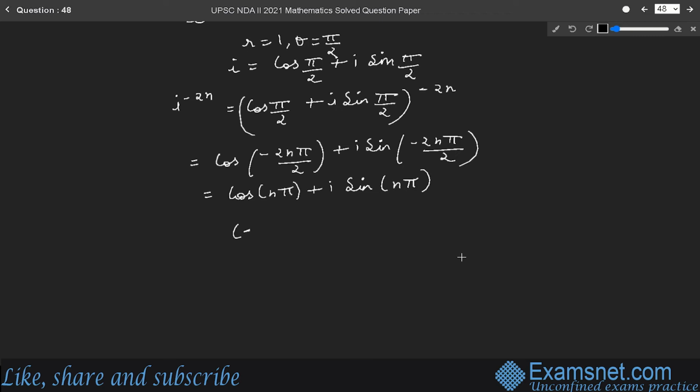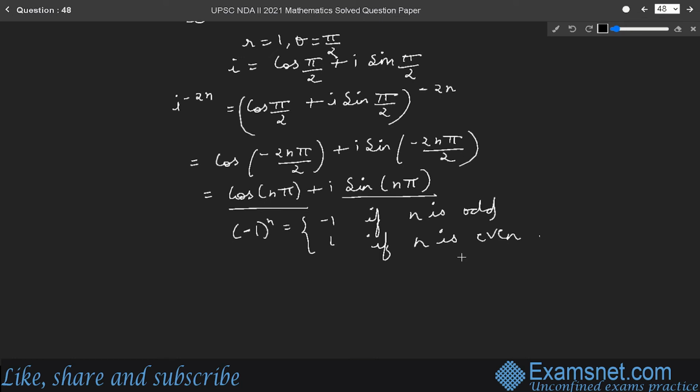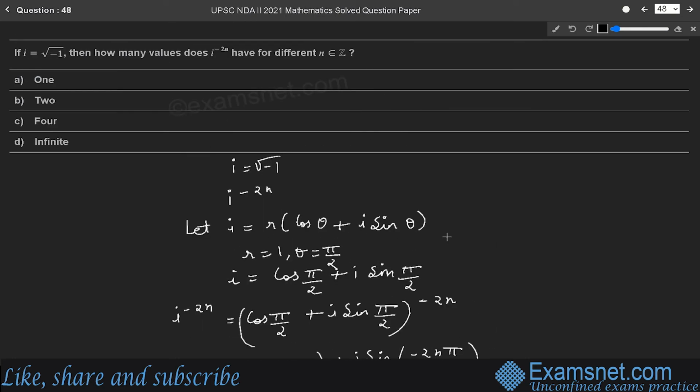We know that minus 1 to the power n is equal to minus 1 if n is odd, and it is plus 1 if n is even. So, the value here is cos n pi, which means there are two possible values for i to the power minus 2n. Therefore, the correct option for this question will be 2, which is option number B.